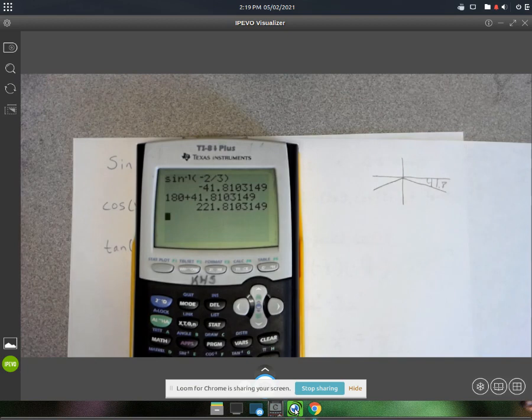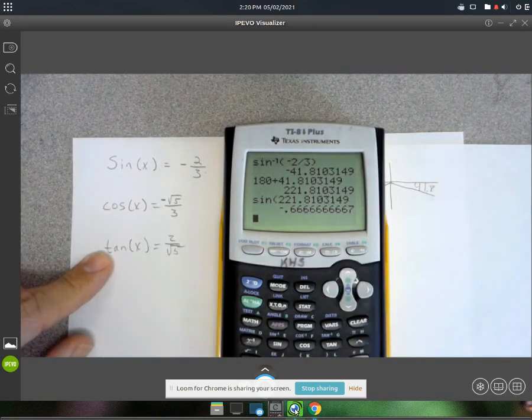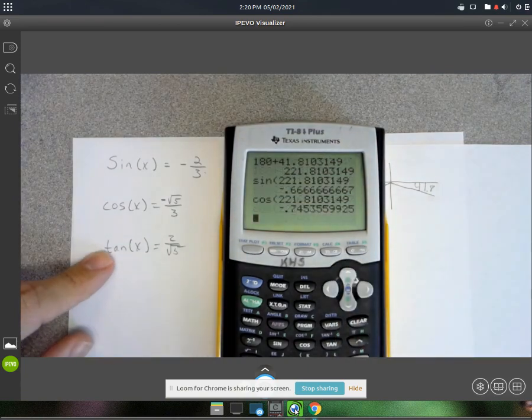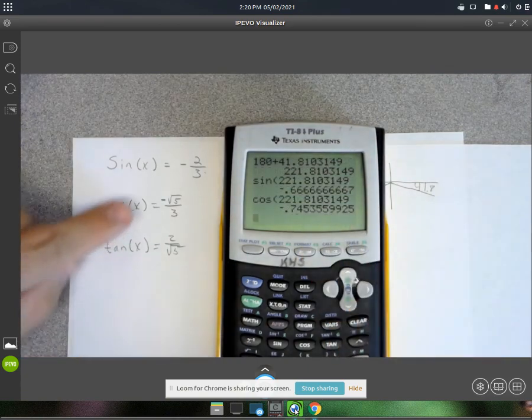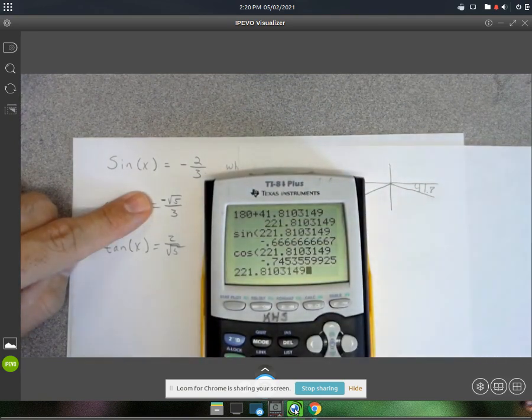If I do sine of that, that's going to give me negative 2/3. And if I do cosine of that angle, it gives me this nasty decimal, but that's actually what negative √5 over 3 turns out to be. If I divided that, I would get this as a decimal. Anyway, I'm going to take that long decimal angle and store it to x.